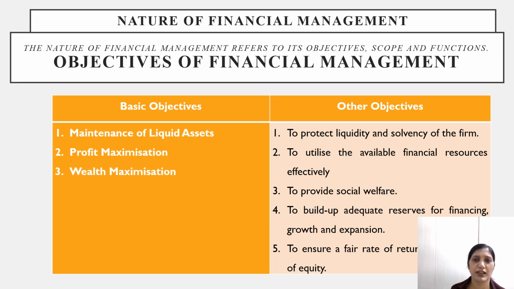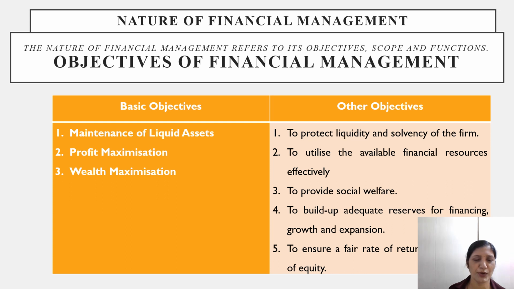We'll study the nature of financial management. The nature of financial management refers to its objectives, scope, and functions. Here we'll be studying the objectives of financial management. We have two main categories of objectives: basic objectives and other objectives. Basic objectives are: first, maintenance of liquid assets; second, profit maximization; and third, wealth maximization.